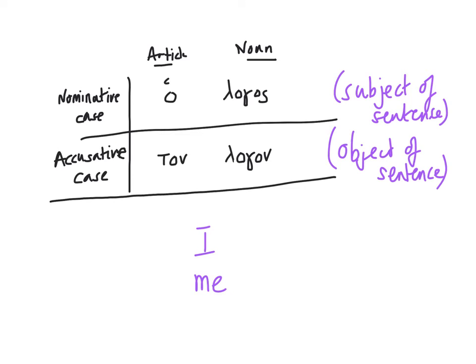So in English, "I" is a nominative form and "me" is an accusative form. The only snag is that, one, we don't tend to use these words in English grammar, so most people don't grow up knowing them. And secondly, rather more worryingly perhaps, people often get them wrong and use the pronouns wrongly, which doesn't really help.